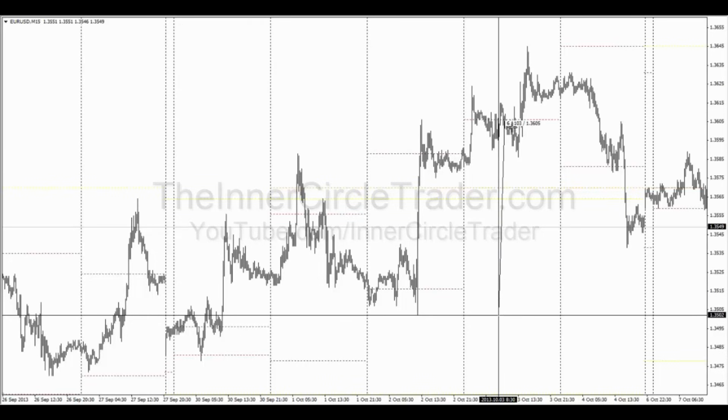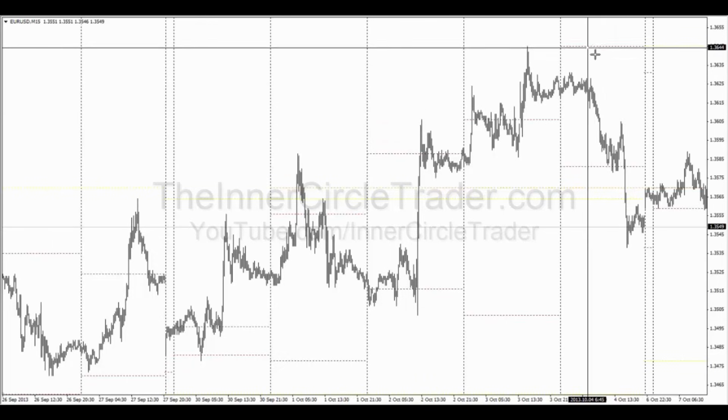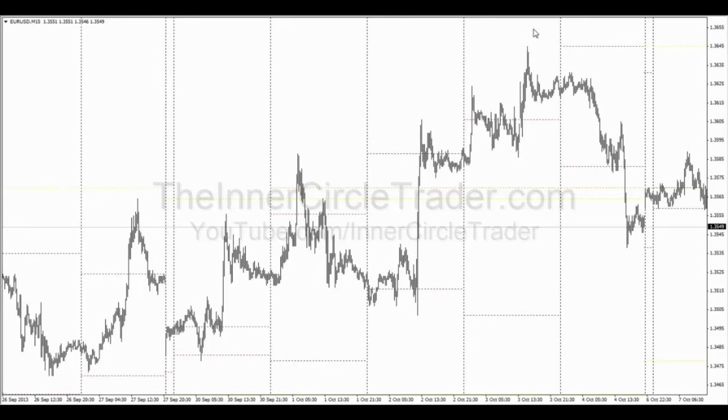We have this range here, which is 104 pips rather. Again, that's this day's high and this day's low. What this indicator does is it plots the previous day's high and low, so you can see it graphically. There are a lot of uses for that, but we're not going to go into it here, but you'll hear more about it as we get into the 8th installment in this series. We have 64 pips on this range here.